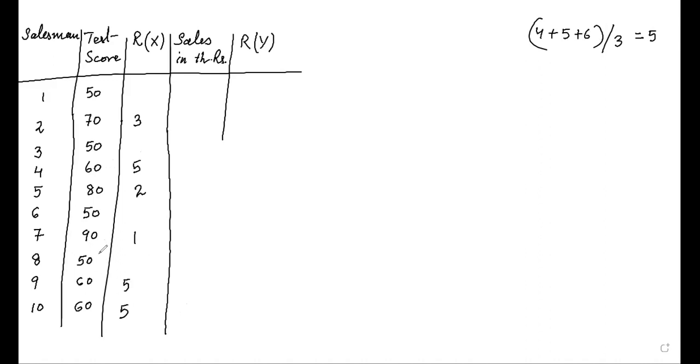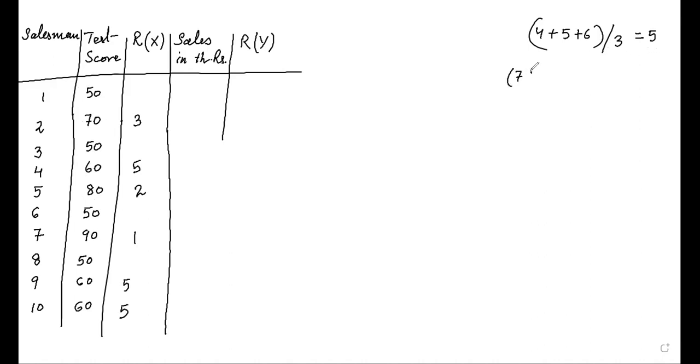And the next highest is 50. Again, 50 is for 4 candidates: salesmen 1, 3, 6, 8. So what we need to do is, they will be getting ranks after 7th.